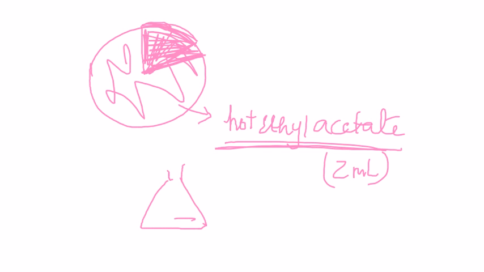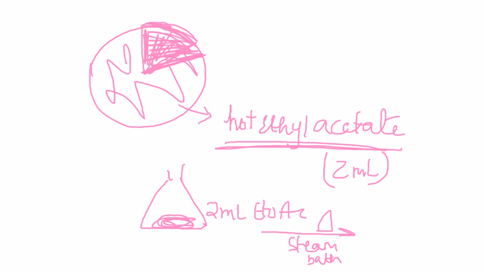So once you have your flask, you have your sample, you have the 2 milliliters of ethyl acetate. We heated it in a steam bath. You have to shake continuously. You have to actually watch. So this is not the time when you can run wikis.